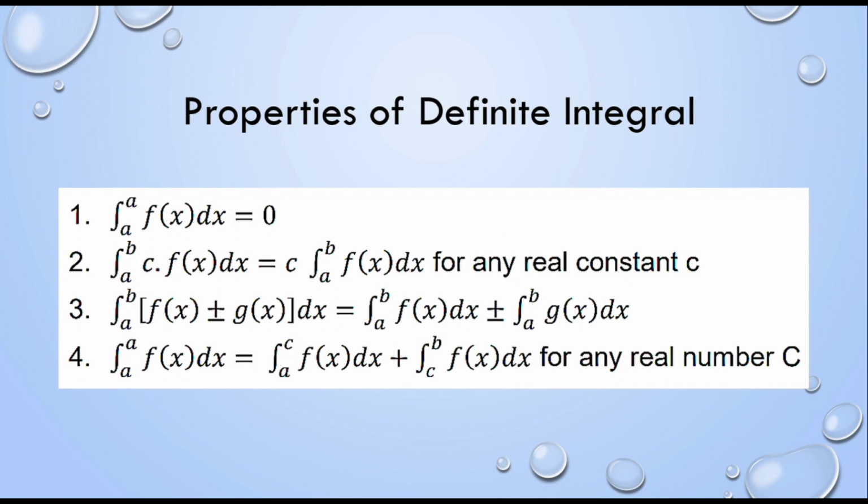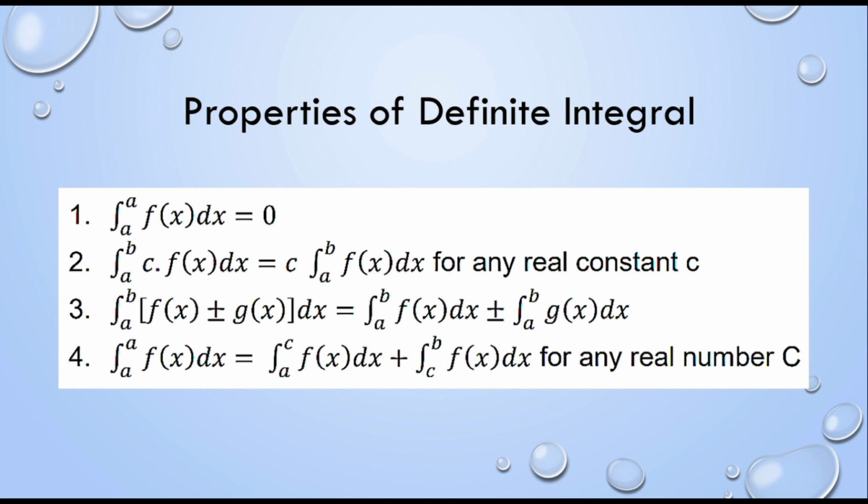Then number 3, the definite integral with lower limit a and upper limit b of f of x plus or minus g of x dx is equal to the definite integral from a to b of f of x dx plus or minus the definite integral from a to b of g of x dx.